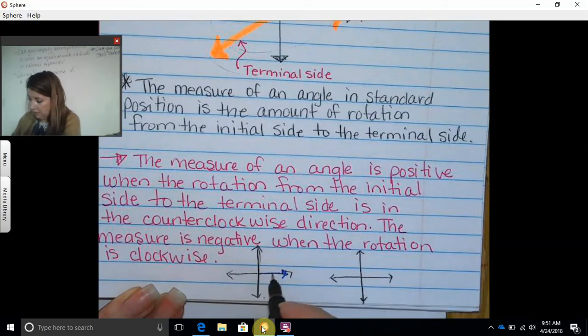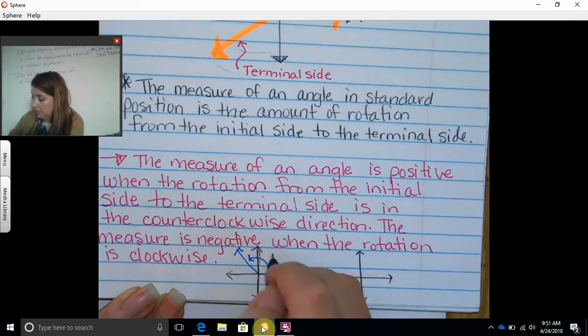If my terminal side had a counterclockwise rotation, I'm estimating here, that would be positive 120 degrees.